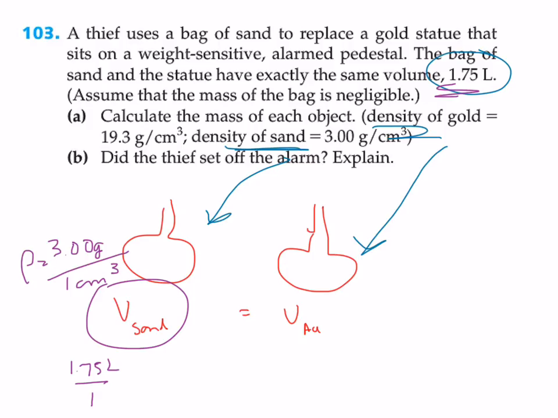And I have liters. I can't plug it in right off the bat. Isn't 1 centimeter cubed equal to 1 milliliter? Yes. What you're saying is 1 centimeter cubed equals 1 milliliter. Perfect. But then you have to go from liters to milliliters. 1 liter is equal to how many milliliters?